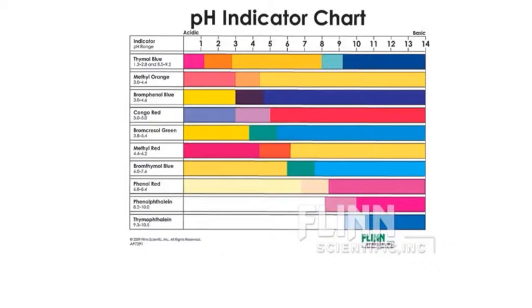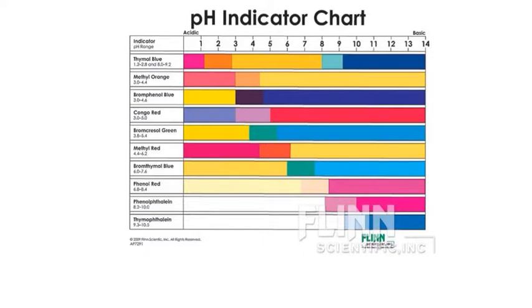So an indicator like thymol blue is actually really useful because it tells us lots of information based on the different color bands. Whereas if we look at something like phenolphthalein down here, they only really have two main colors. Colorless, that ranges from 0 to around 8, and then fuchsia. And then even in the fuchsia range, it's a little bit two-toned. So from 8 to 10, we have light fuchsia, and then from 10 to 14, we have dark fuchsia.